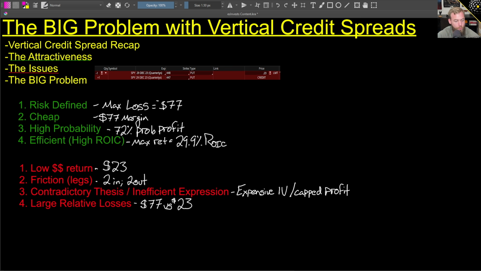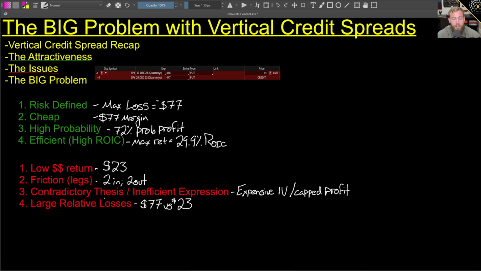For those that don't realize how massive that is on a $23 potential return, that's 5.7% of your max profit gone just on the entry. That doesn't include the exit, and this also doesn't include the slippage that you are inevitably going to pay because of the spreads. So they're very expensive for what they are.